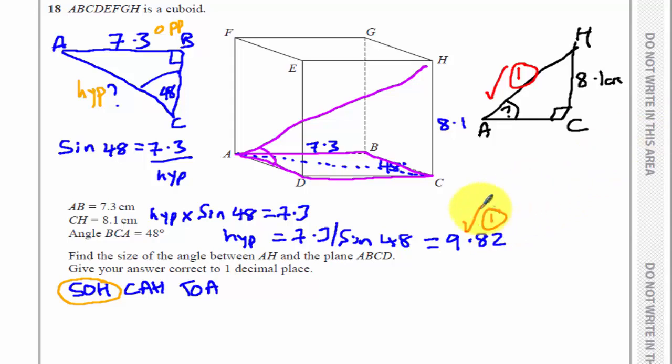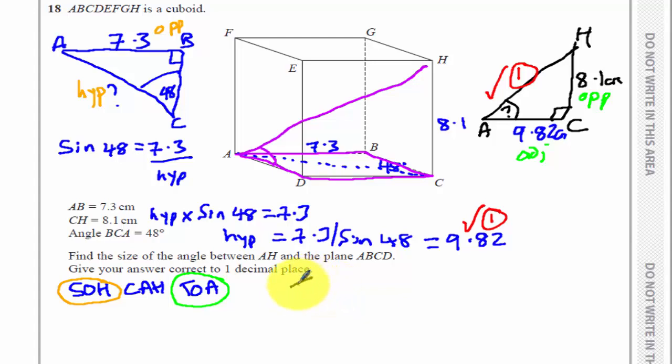So now I know AC is 9.82 centimeters. Again, I need to do some trigonometry now. I want this angle. This is the opposite. This is the adjacent. This is opposite the angle I'm trying to work out. This is next to it. If I've got the opposite and the adjacent, I have to use the tan function.